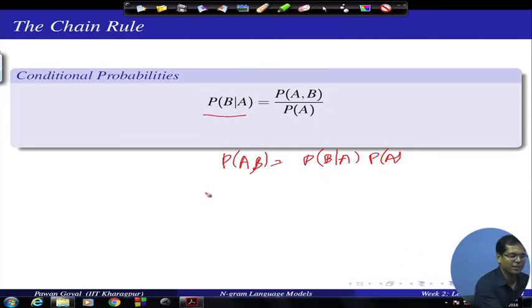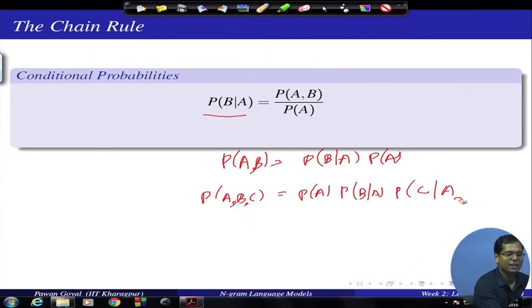So you can say probability ABC is probability A, probability B given A, probability C given AB, and you can keep on doing that for any number, and that is my chain rule of probability.